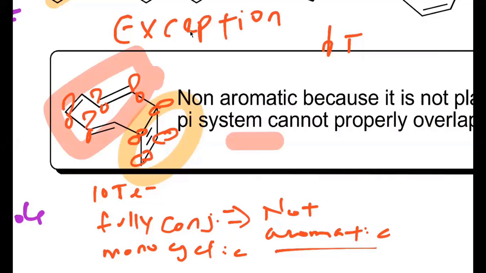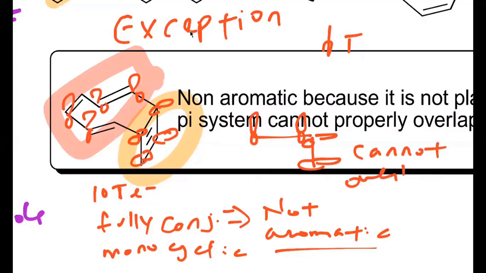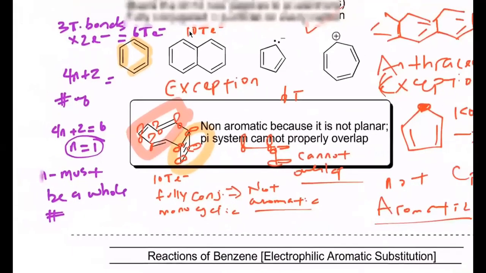It's kind of like this, let me see if I can draw it, where you have some p orbitals up here on the plane and then some pointed the opposite direction. So that lack of planarity breaks up the conjugation and it breaks up the aromaticity. All right, any questions on that? On the rules for aromaticity?